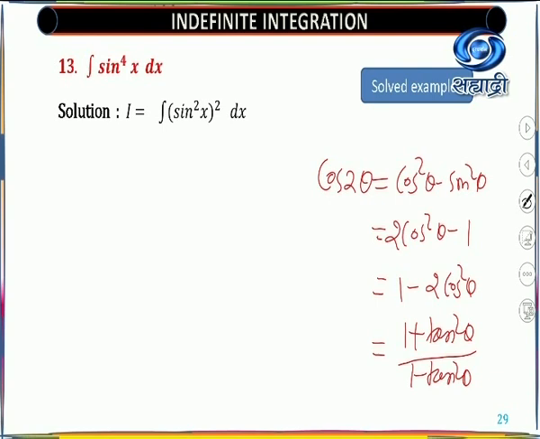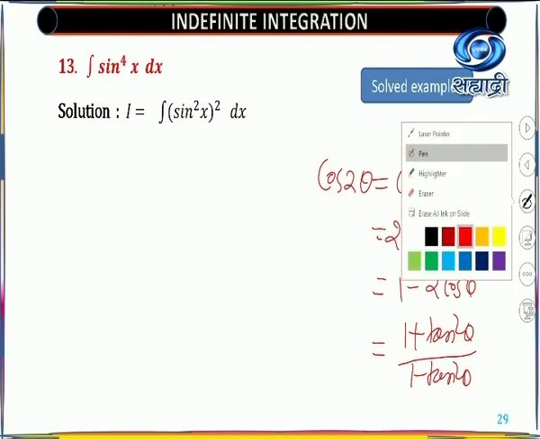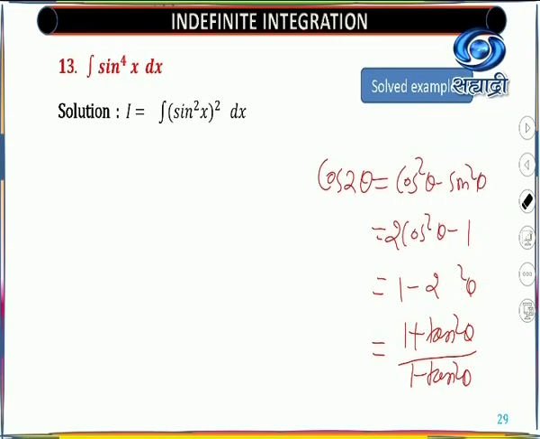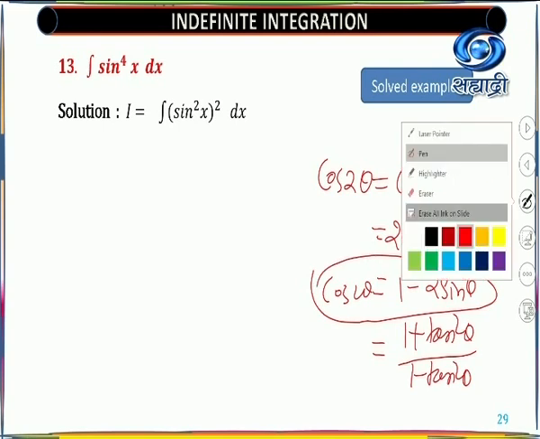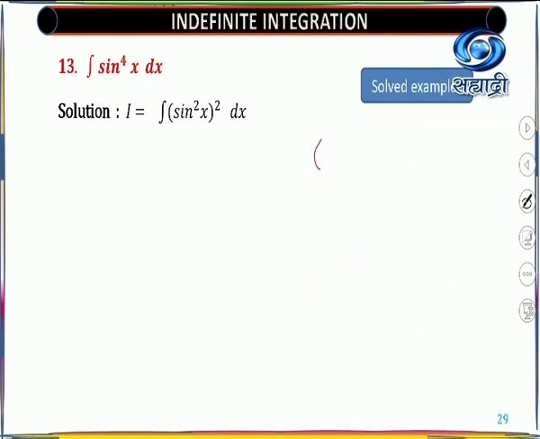Now here we have sin square theta, so we'll use the identity of sin square theta only. This is cos 2 theta equal to 1 minus 2 sin square theta.